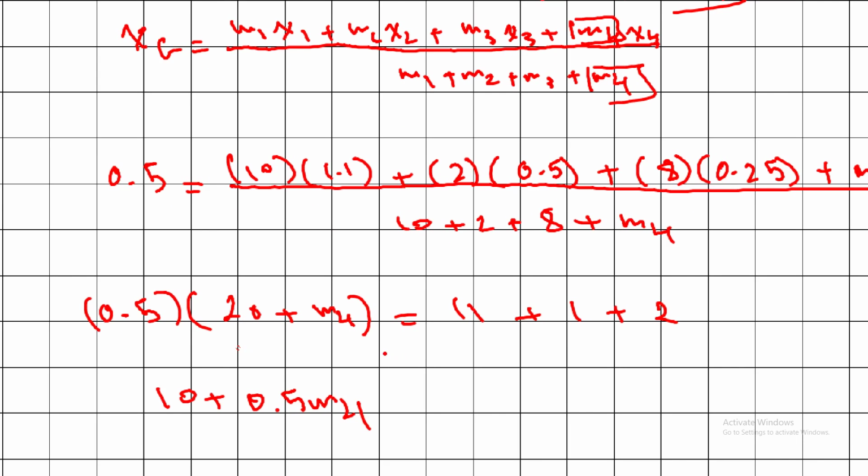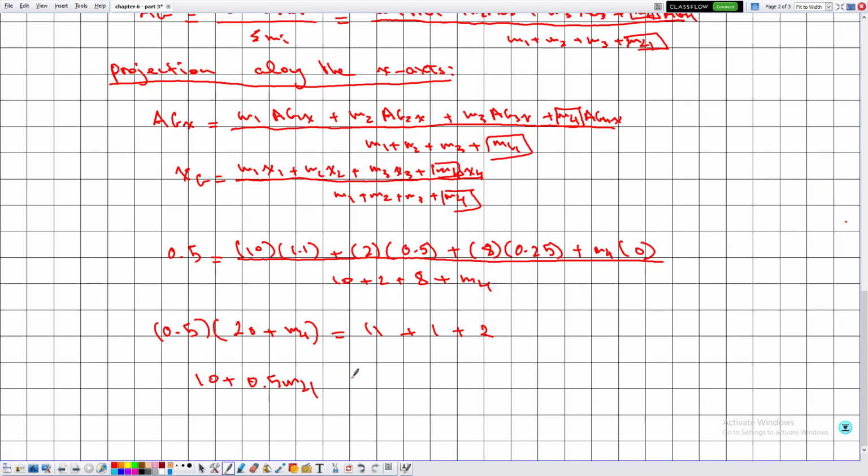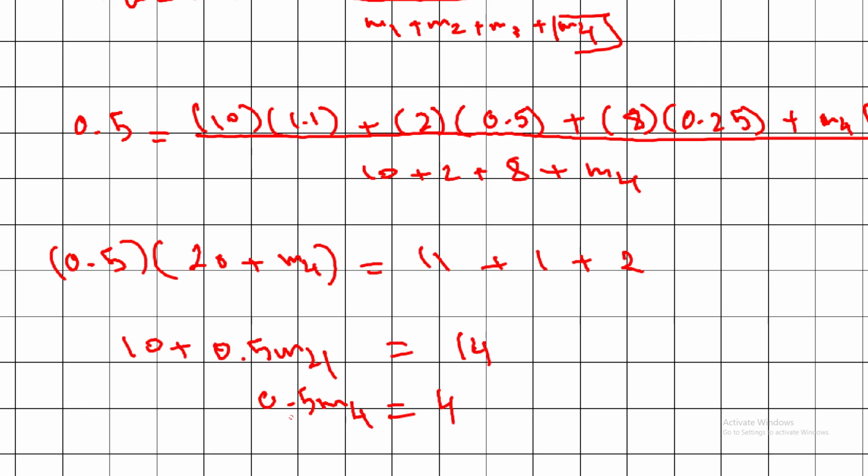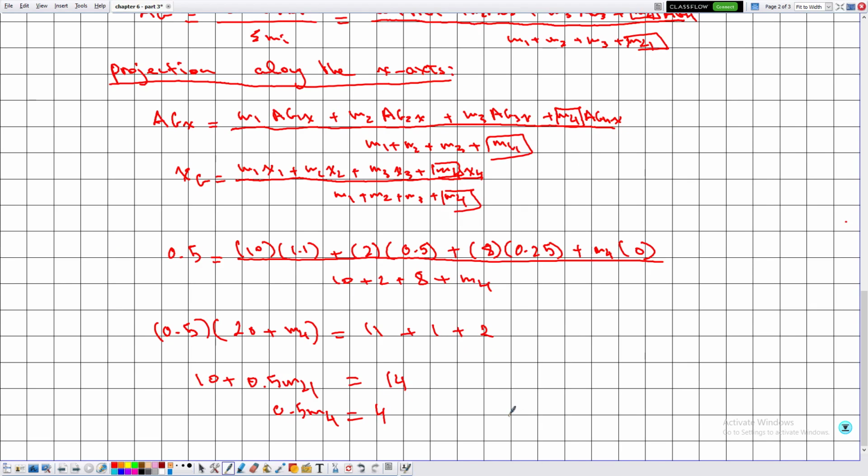This is a linear equation with one unknown, the unknown is m4. Dragging 10 to the right-hand side, 14 minus 10 is equal to 4. Then in this case m4 is equal to 4 divided by 0.5, which is equal to 8.